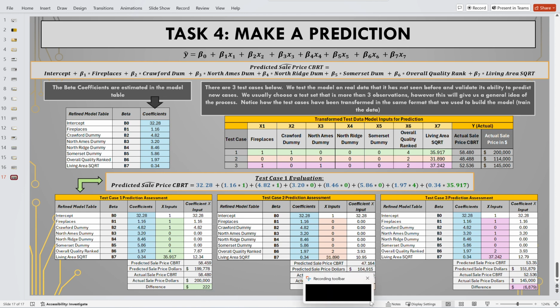This second prediction case, the actual value was about $9,000 more than we predicted it should be based on other houses that were similar to it. And this last test case was an under prediction of almost $7,000 based on other data that fit this similar criteria.